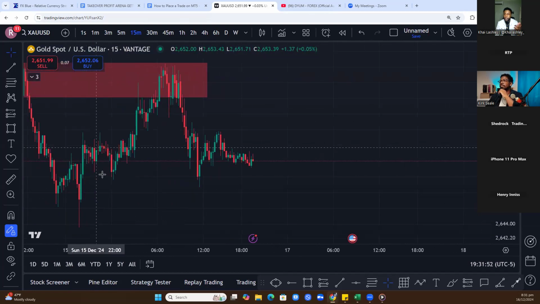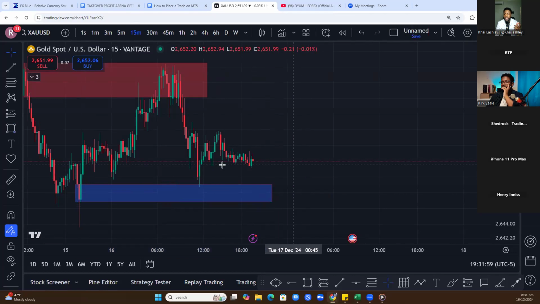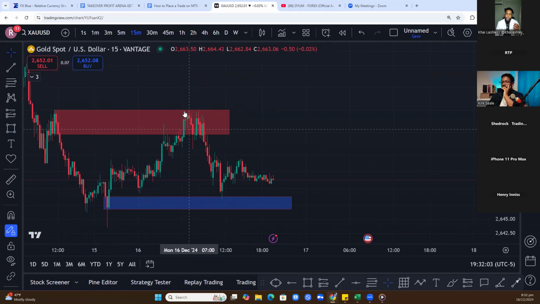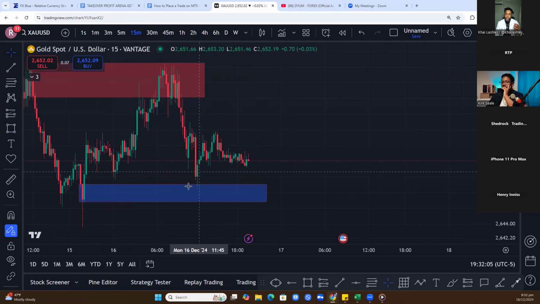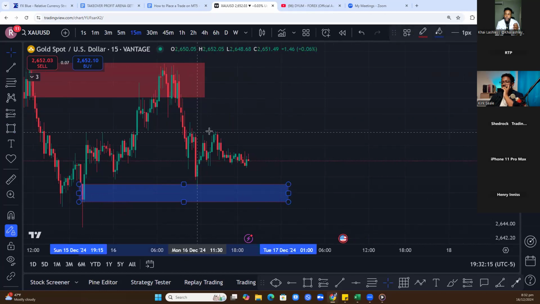Here, for example, price pushed up, boom, engulfing candle, price pushed back up there. So we're sticking up at this point. For this, we have to see the market break above one of these areas.